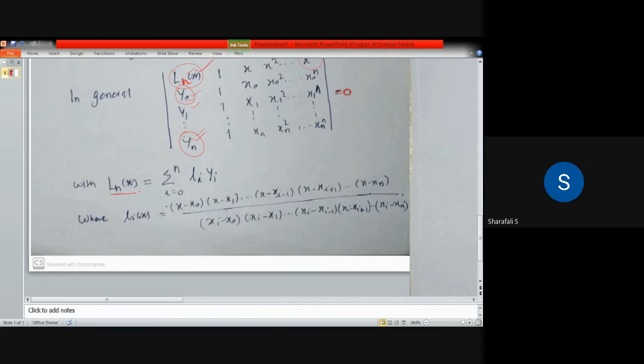And we have Ln of x, which will be equal to the summation of i equal to 0 to n of li yi. So this is nothing but L0 y0 plus L1 y1 plus L2 y2 plus and so on plus Ln yn. This is the general equation.